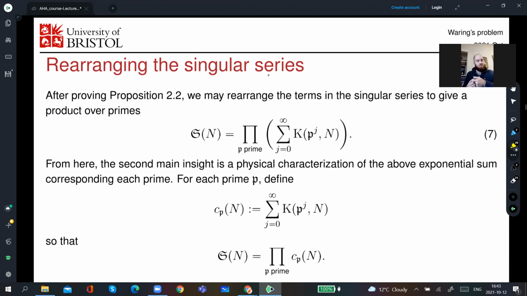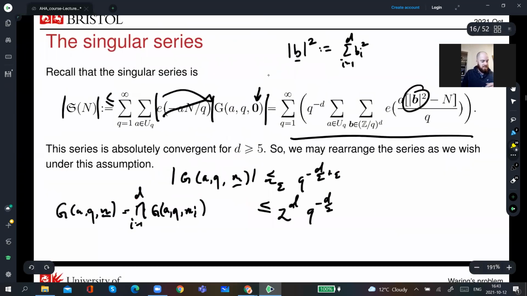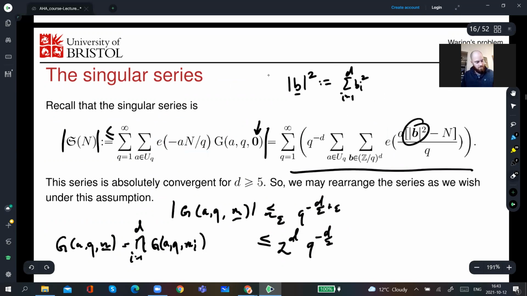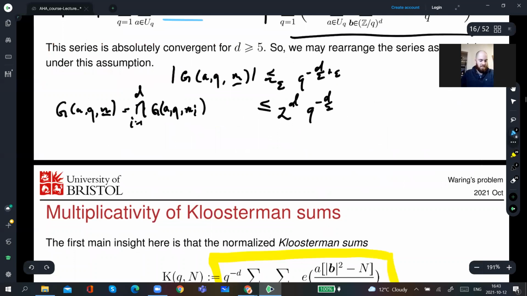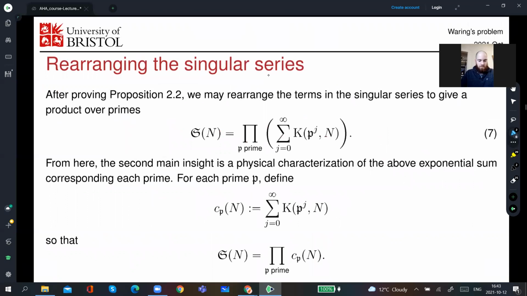For us, though, we don't need to do that, because we're not caring about the additional cancellation that lies in a Kloosterman sum that you don't see from the triangle inequality we've applied, which destroys the cancellation coming from this character. That's not something we need to concern ourselves with. But it is important if you want to talk about dimension 4.